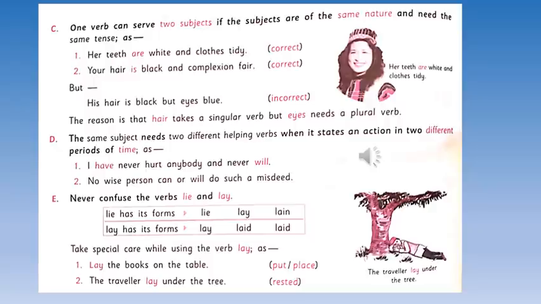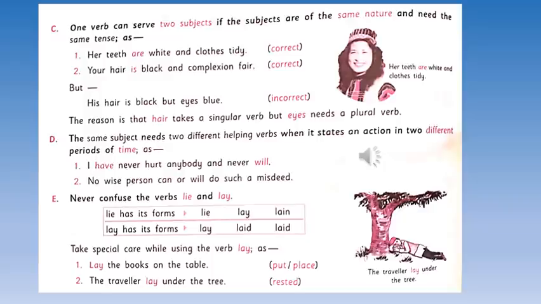And the next one: the same subject needs two different helping verbs when it states an action in two different periods of time. I have never hurt anybody and never will. Though the subject is I, the action is mentioned in two periods.